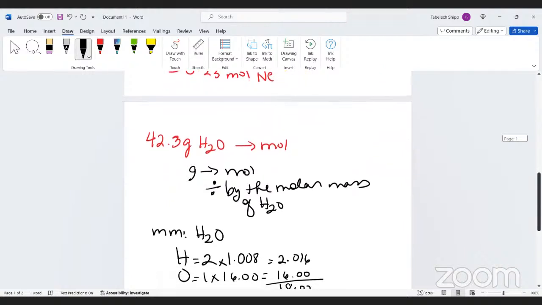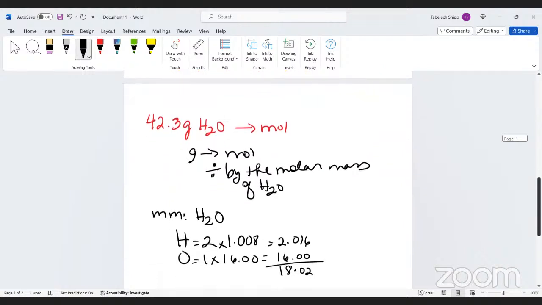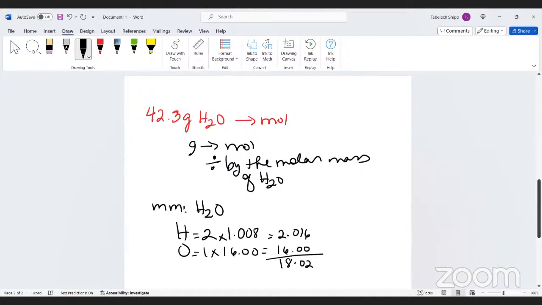We've got 42.3 grams of water that you're converting to a mole. The first thing you need to do is divide by the molar mass of water. Now, if your teachers don't give you the molar mass, you've got to find it. To find the molar mass of water, you separate them out. I've got 2 hydrogens times its weight on the periodic table, and 1 oxygen times its weight on the periodic table, which is 16.00.